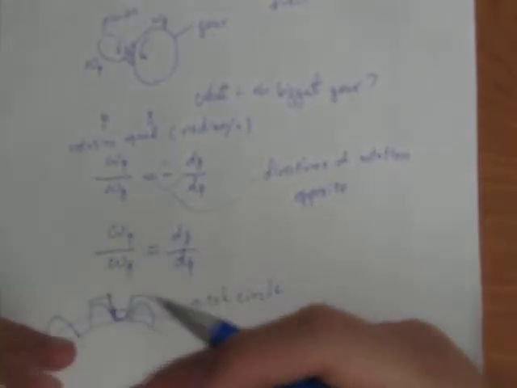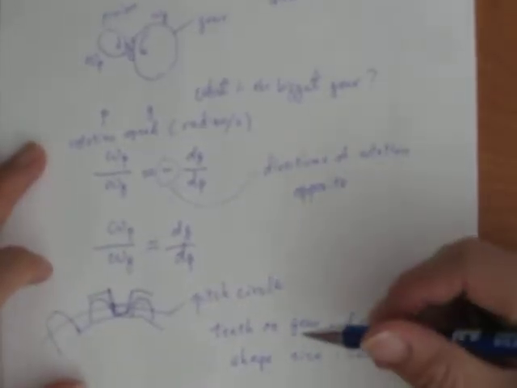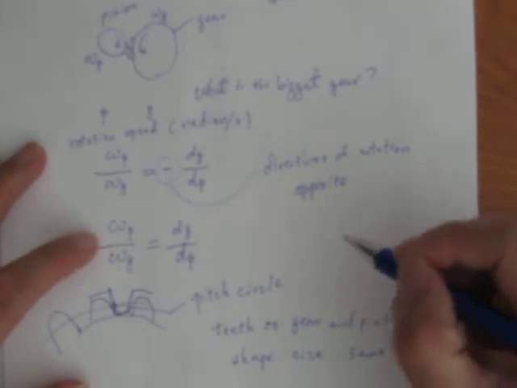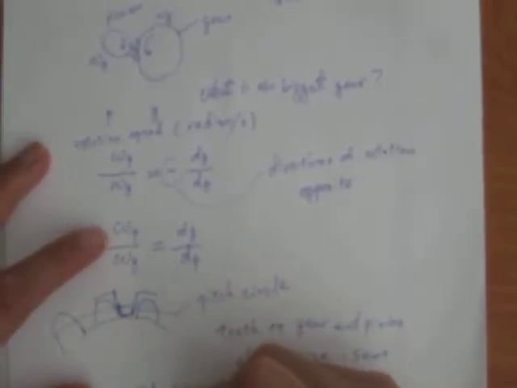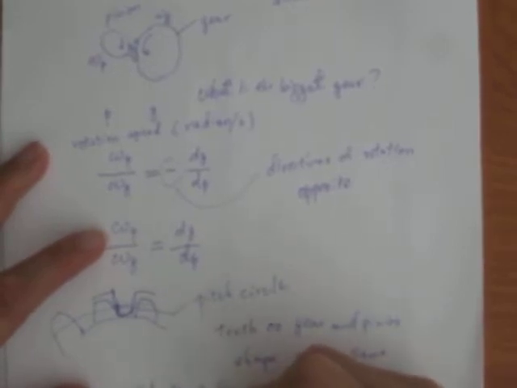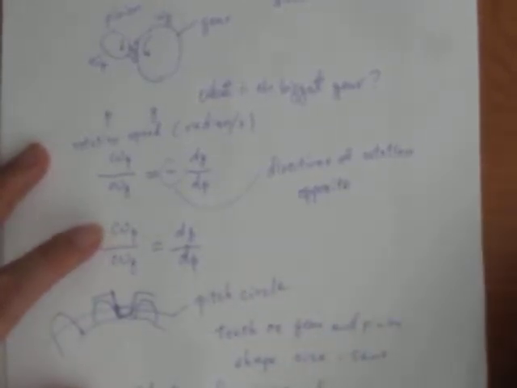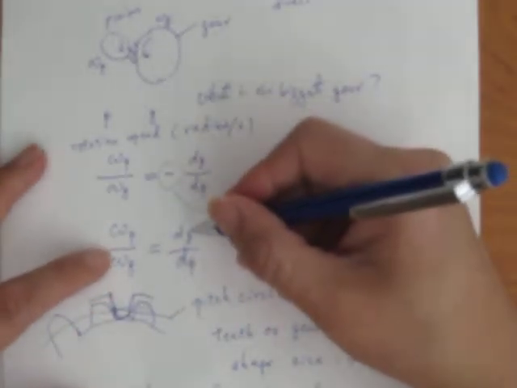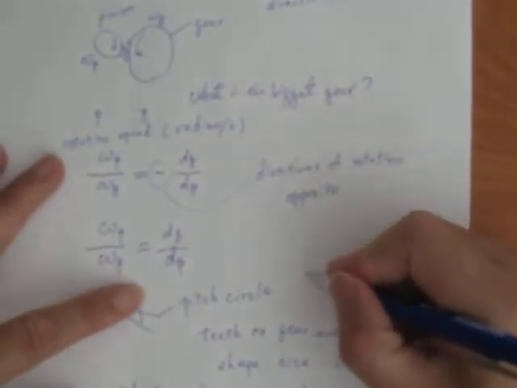You're going to have a fight over there. So to indicate that, we say the pitch has to be the same for a matching pinion and gear. So that's the pitch circle. And when we say there's a dg and a dp, this is what we call the pitch diameter.